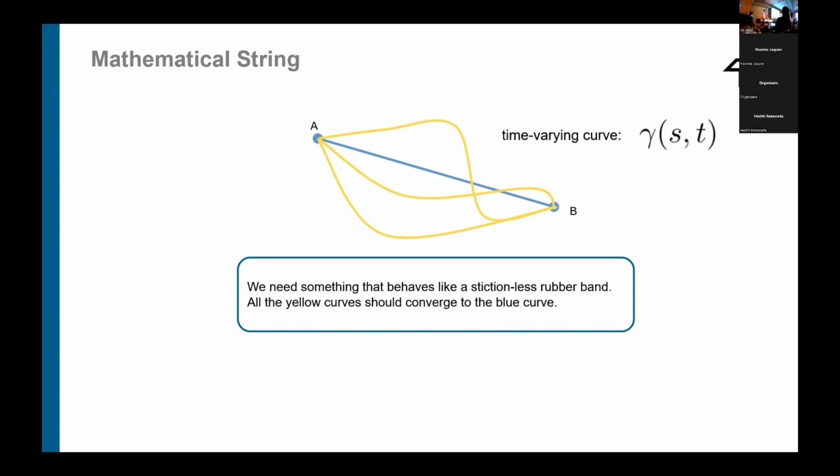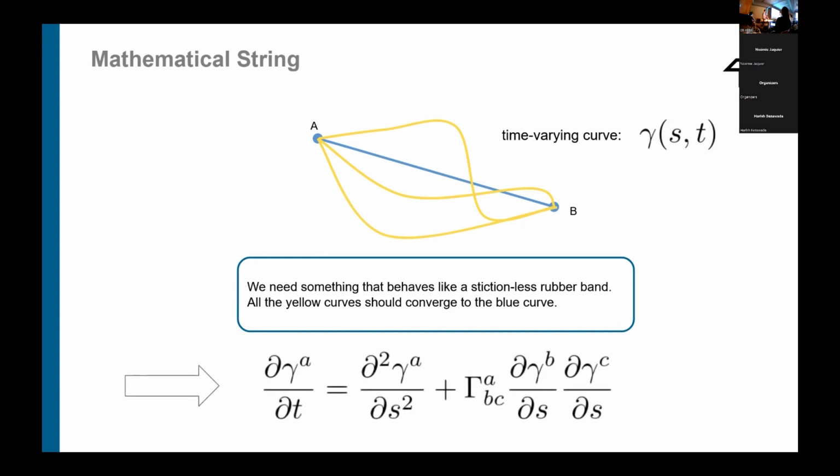We can start with an initial curve like each of the yellow ones, and then we let time pass and all of them will converge to geodesics. So this is the idea.